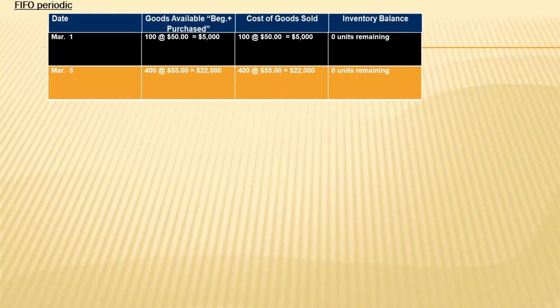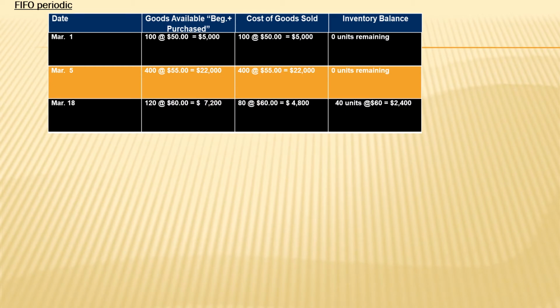I took also the 400 units as sold, so automatically 0 units remaining. Then on 18th of March, I purchased 120 units at $60 per unit, so I will take the 80 units in order to complete the 580 units sold. I took 80 from the 120, so the remaining will be 40 units at the cost of $60 per unit.